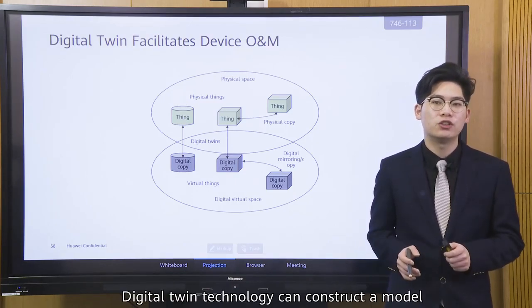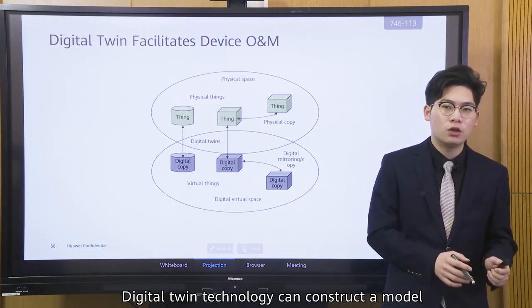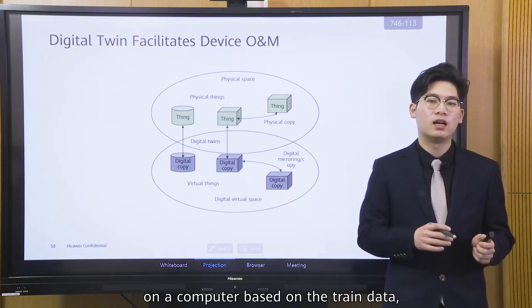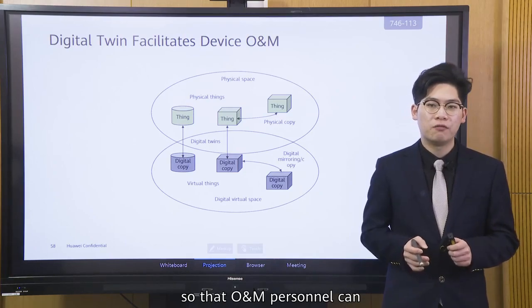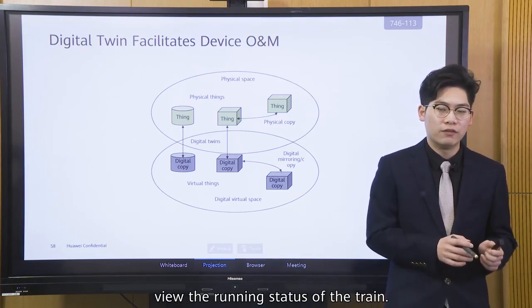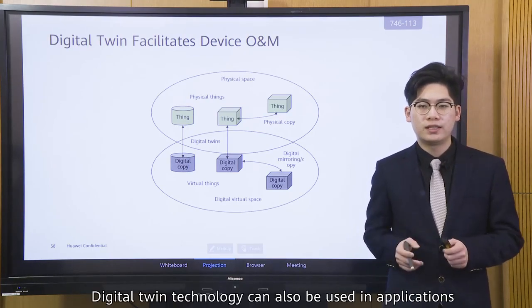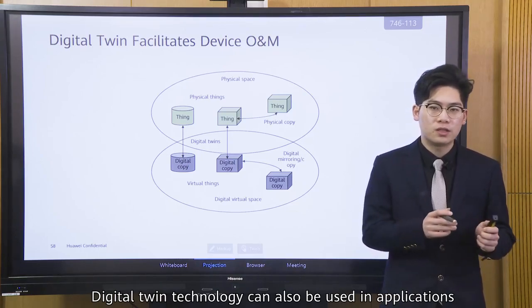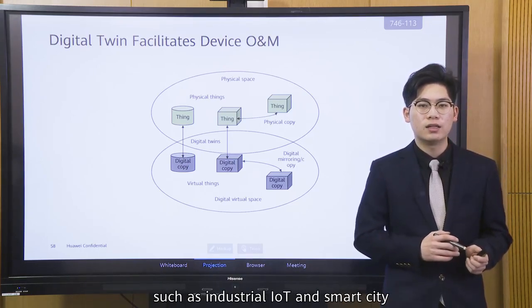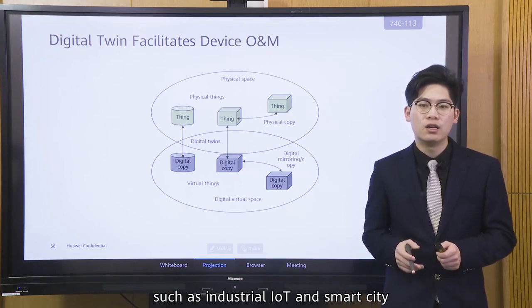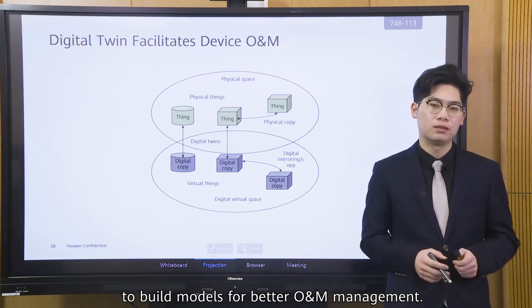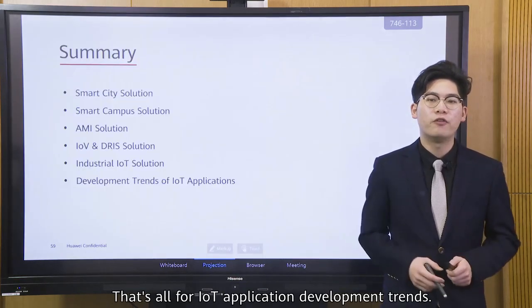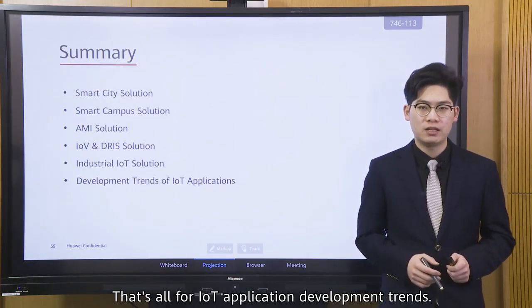Digital twins technology can construct a model on a computer based on the train data, so that O&M personnel can view the running status of a train. Digital twins technology can also be used in applications such as industrial IoT and smart city to build models for better O&M management. That's all for IoT application development trends.